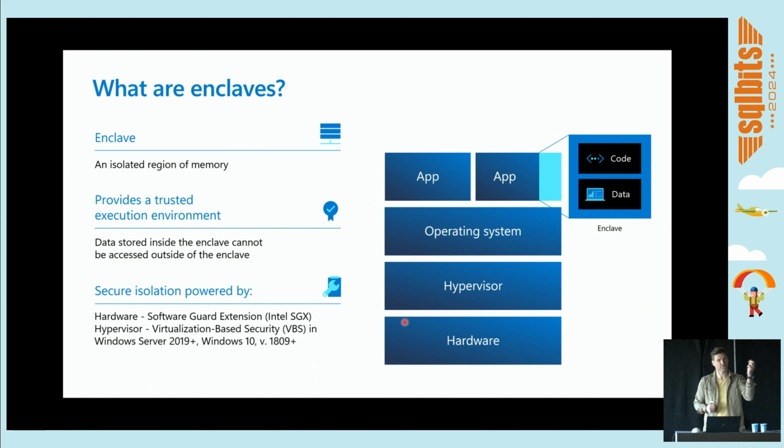That's really a physical CPU that is used in the server to secure that enclave. That's the first way to do it. The other way is using software-based virtualization-based security, or VBS enclaves. It's a Windows setting that is available in Windows Server 2019 and higher, or Windows 10 and higher. So you have the choice.